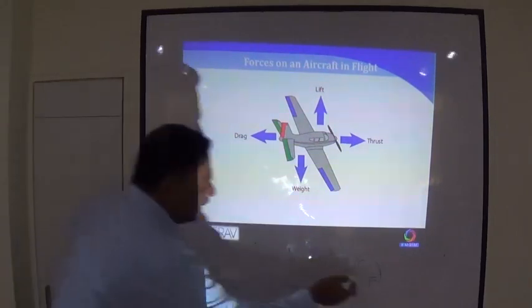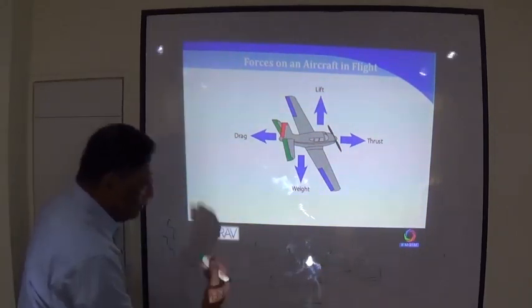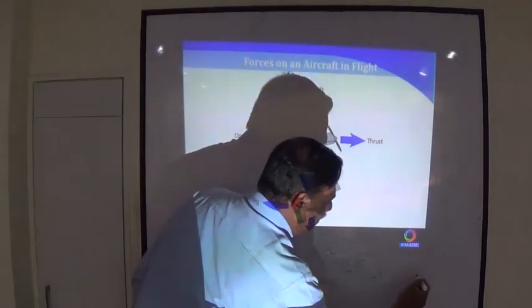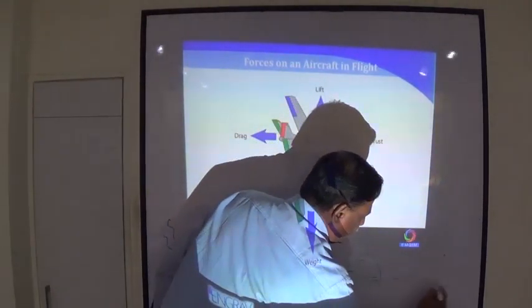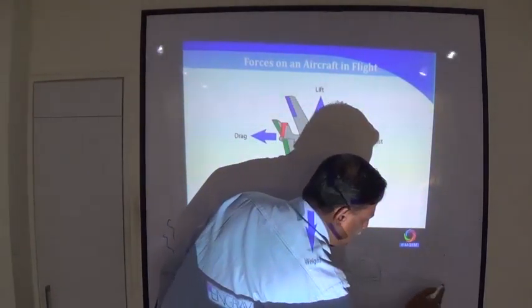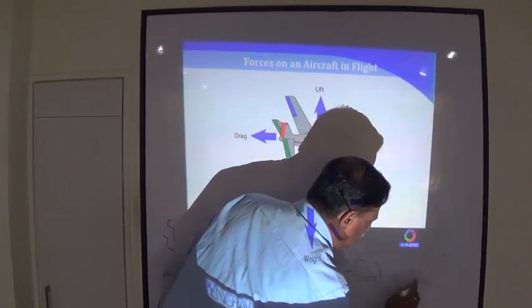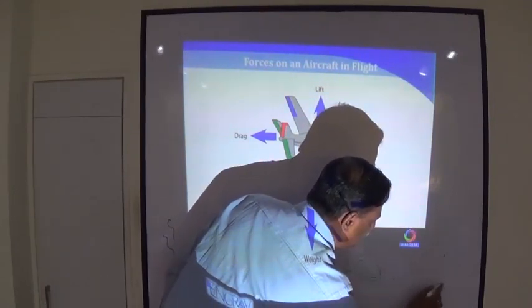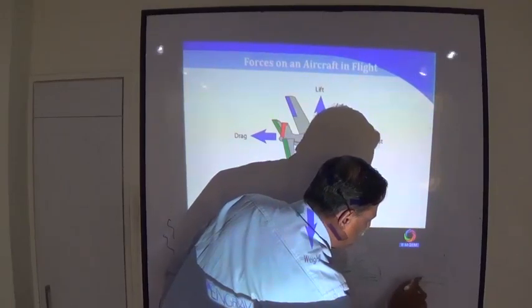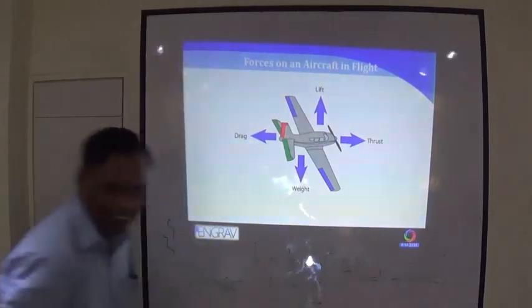Let me explain more what the angle of attack is. Suppose this is the cross section of the wing. If I cut the wing, this is a cross section.